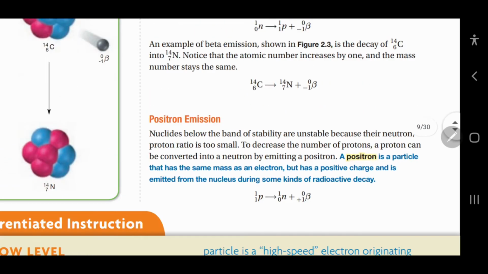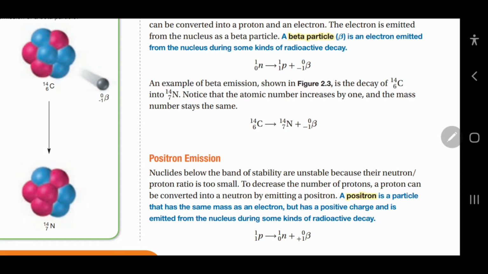And releasing of beta particles will increase the atomic number. As we can see here, carbon 14 is converted to nitrogen with release of an electron or beta particle, because as we said, this electron will be released from a neutron. So the neutron will release a negative charge. So the rest of the neutron will be positively charged, which is actually a proton. This is why the atomic number increases.